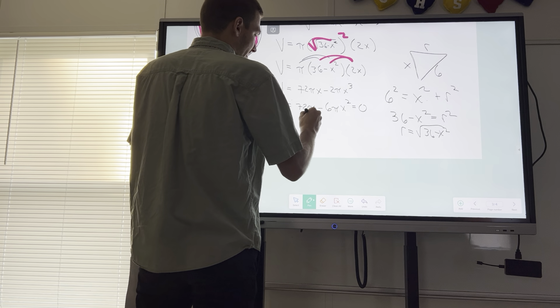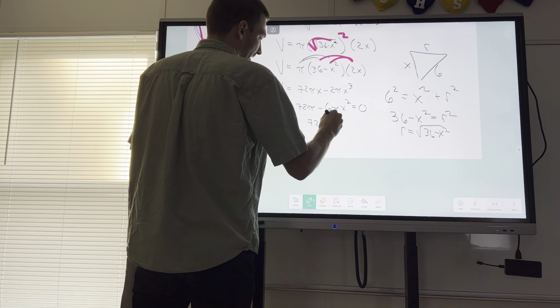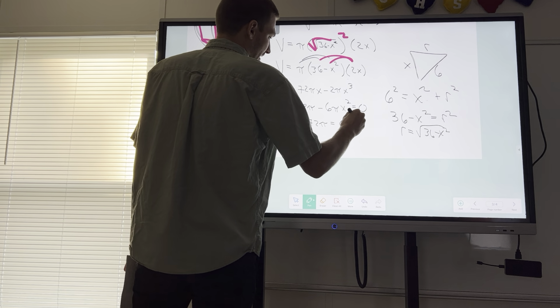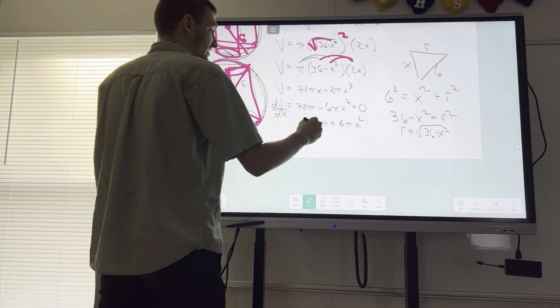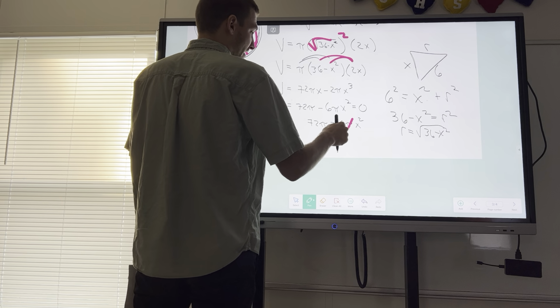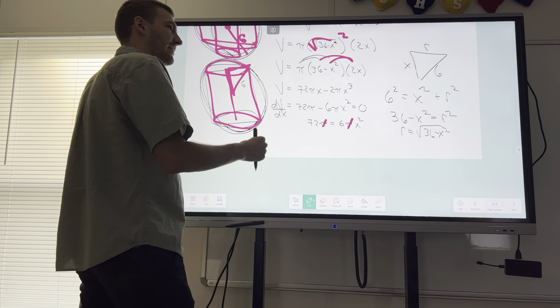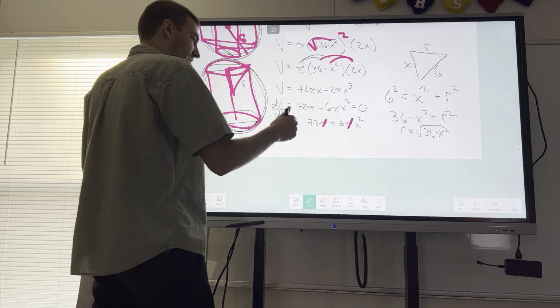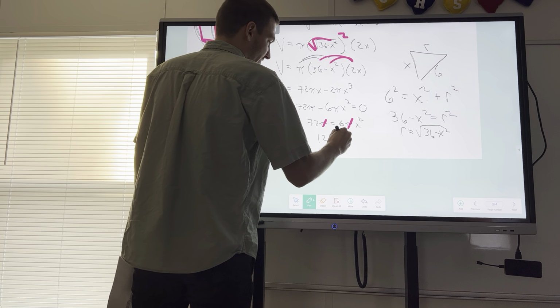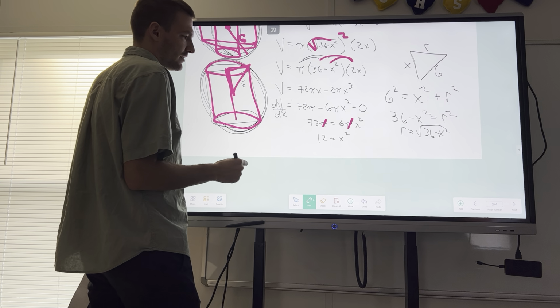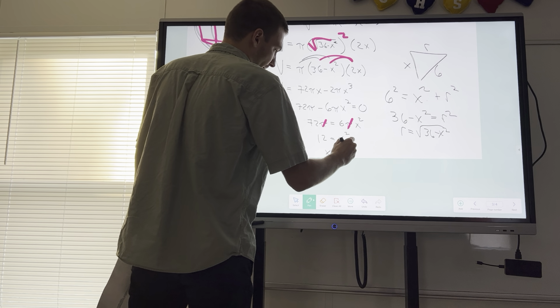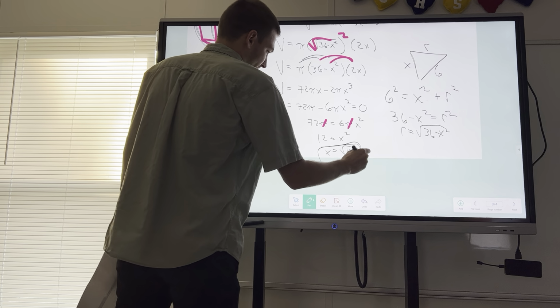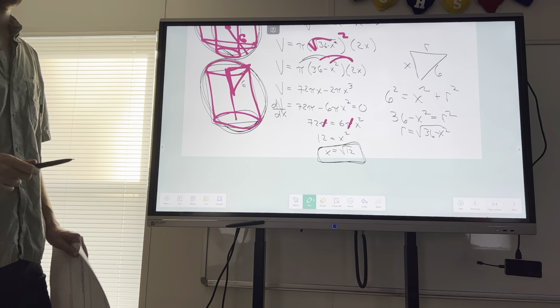I'm going to add that to the other side: 72 pi equals 6 pi x squared. I'm going to divide by 6 pi. Obviously the pi's are going to cancel out. 72 divided by 6 is 12. 12 equals x squared. And then square root both sides. x equals the square root of 12.